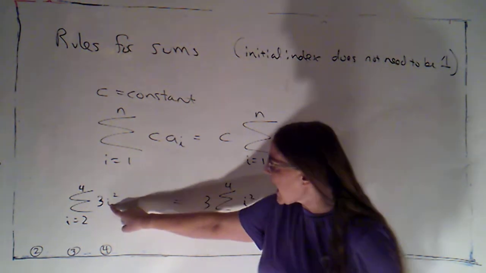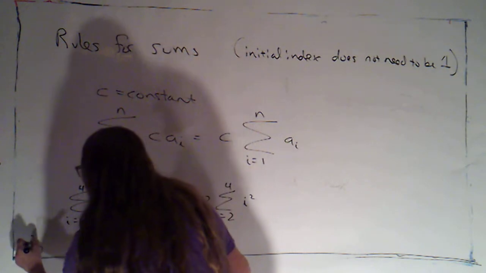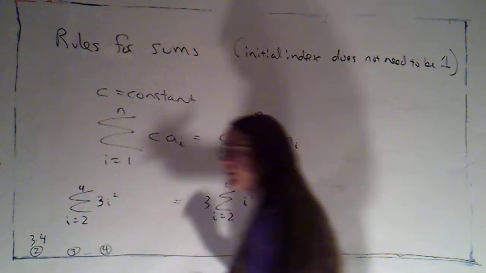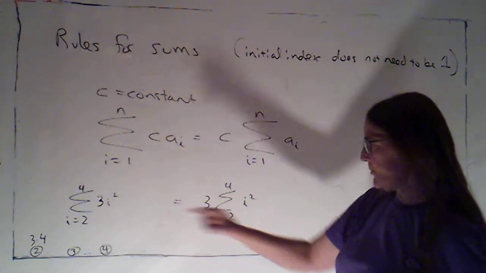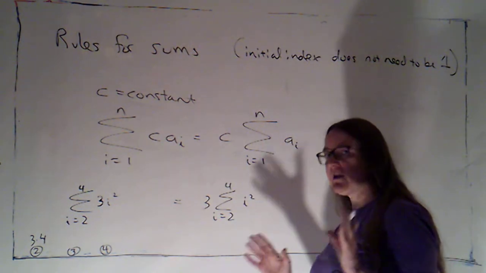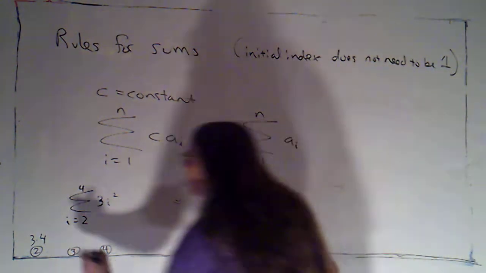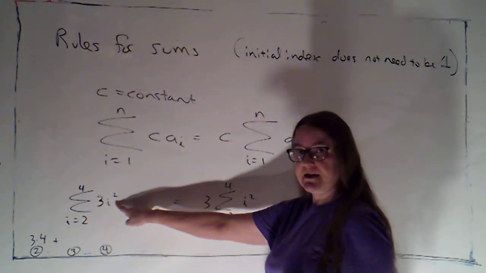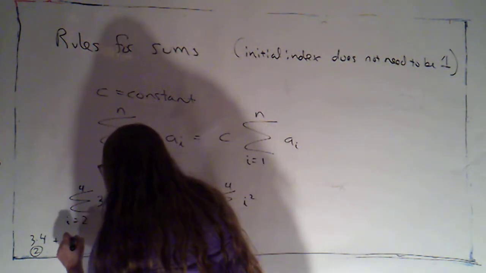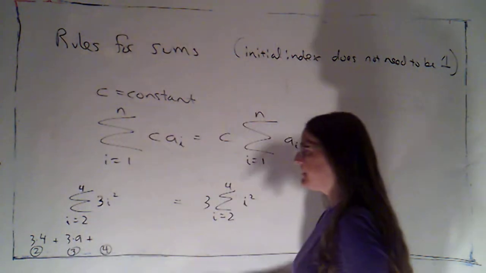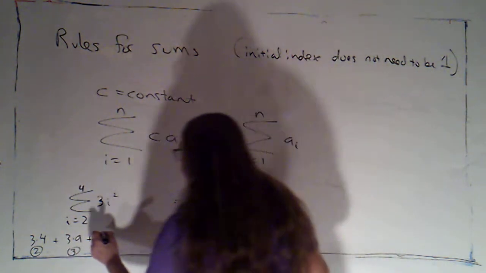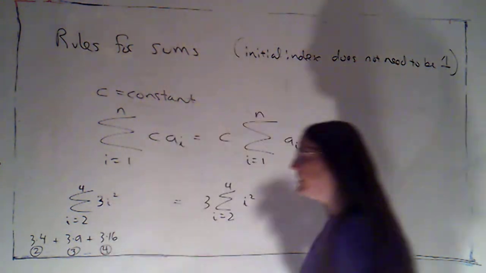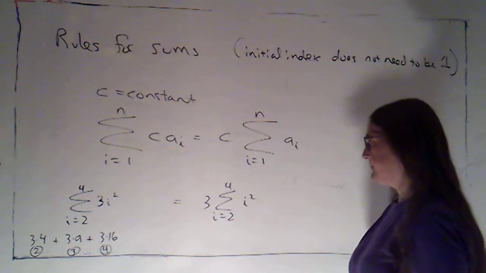So when i is 2, I'm going to get 3 times 2 squared, or 3 times 4. And I'm purposely being a little bit lazy and not doing that arithmetic. Okay. Plus, when i is 3, I'm going to get 3 times 3 squared, or 3 times 9. Plus, when i is 4, I'm going to get 3 times 4 squared, or 3 times 16.